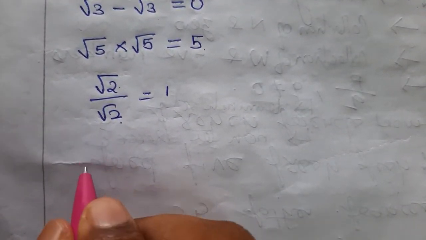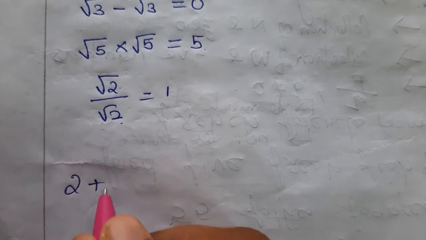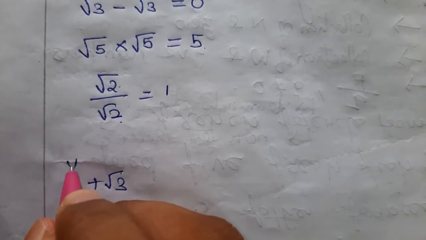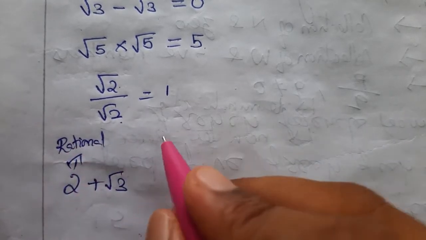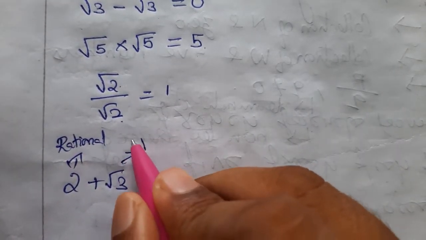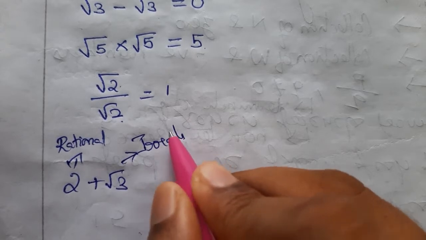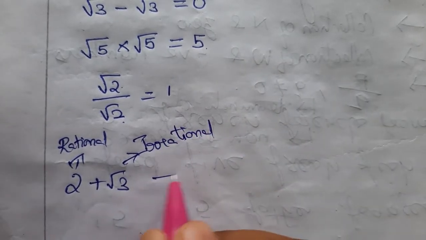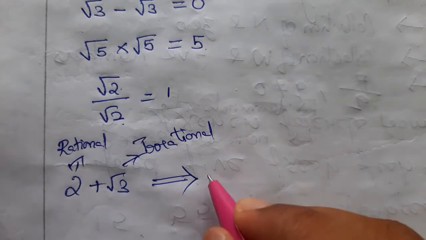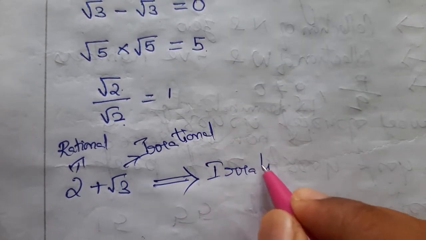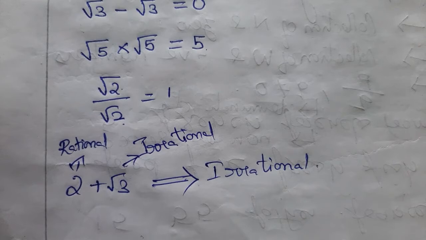Comparing, we can add 2 plus root 3. So the 2 is rational and the square root of 3 is irrational. So what will be the result? Can you guess? Yes, the result will be irrational, right?